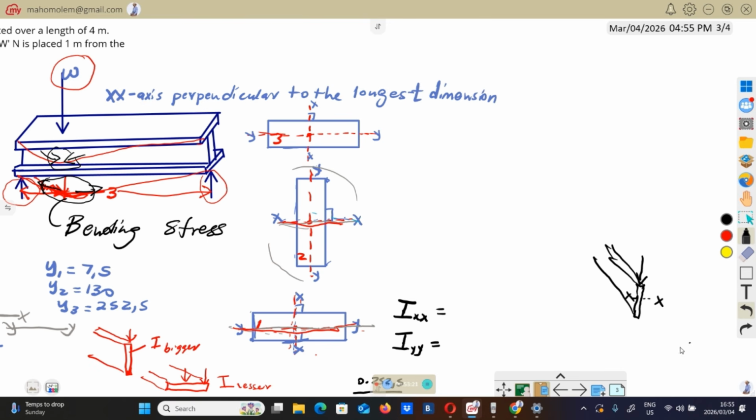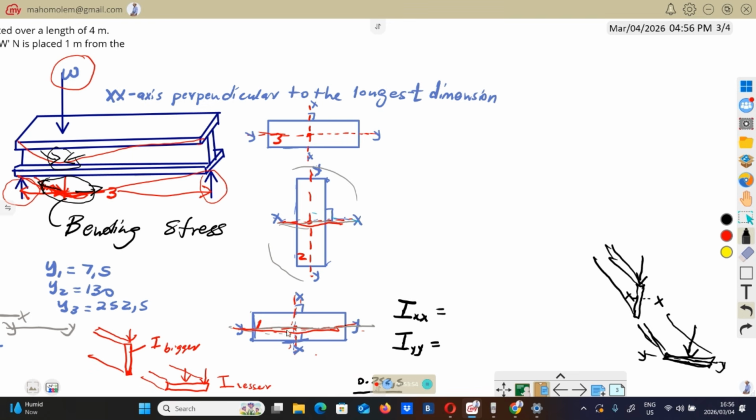Then IYY is going to give us the strength of this ruler when you place that ruler like this and then you apply force. So this will be YY, parallel to the longest dimension. Yes, parallel to the longer dimension is YY.